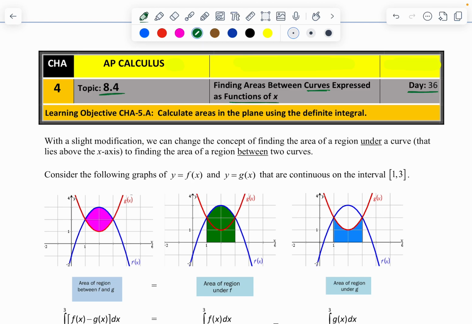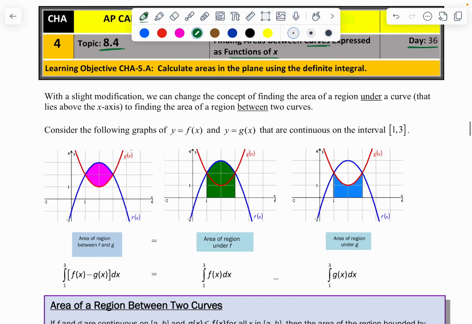So what we've done so far is we found the area under a curve, right? For example, like this, we found the area under this curve right here of f of x, just the blue curve that you guys see.